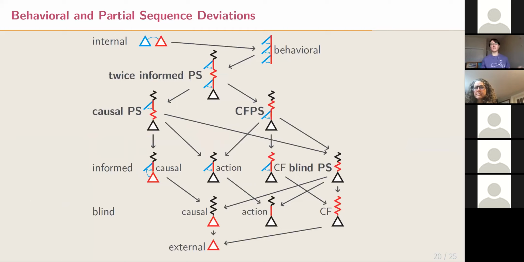It is exactly as expensive as running the causal partial sequence deviations, and it's not clear that there could be any gain there. One previous author in the CFR family, Celli, has a CFR-like algorithm for informed causal deviations, but it's actually targeting the causal partial sequence deviations. We just didn't have the terminology before that.